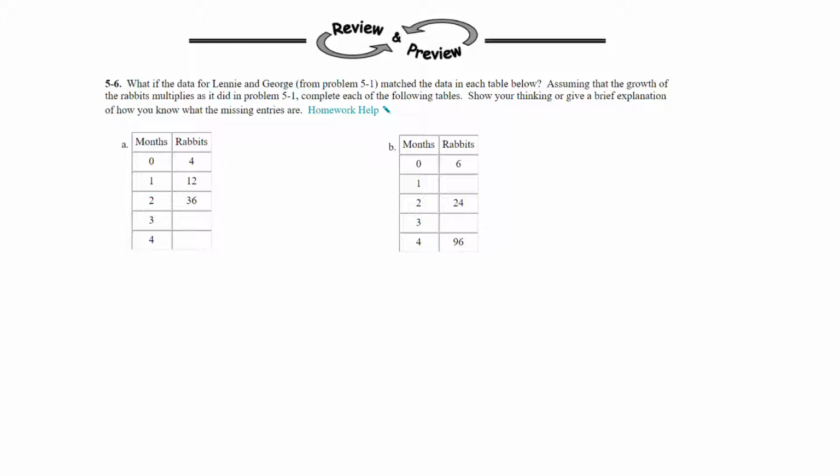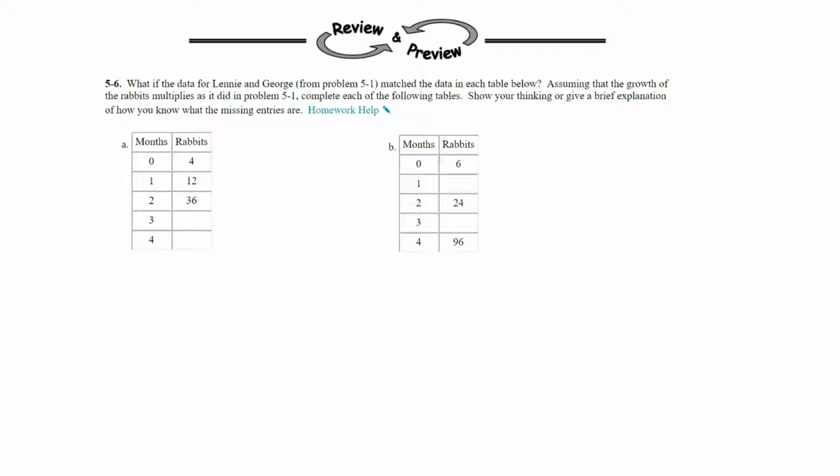So based on the core problem 5-1, we looked at the growth of rabbits and how they multiplied. If you look at question A here, we have 0 months to 4, and the rabbits go 4, 12, and 36.